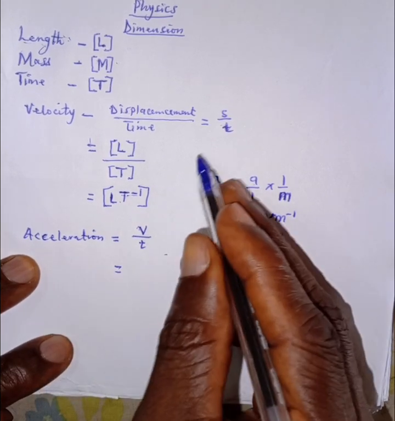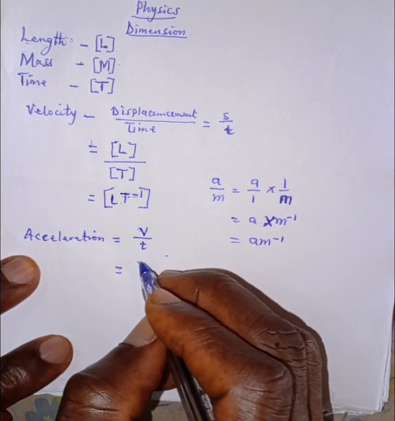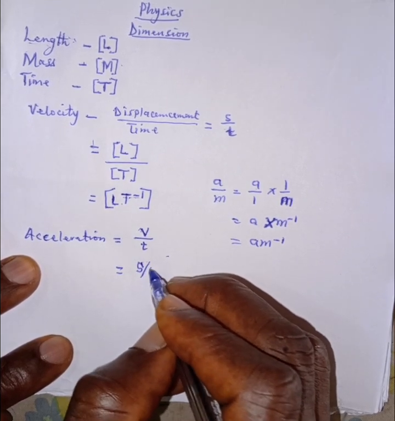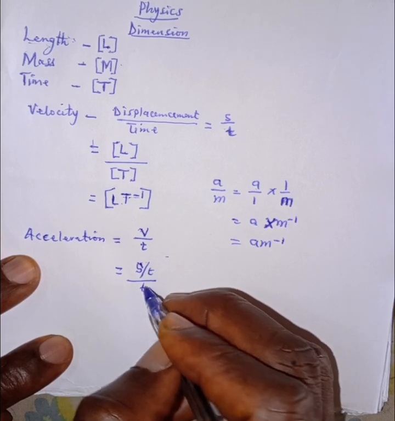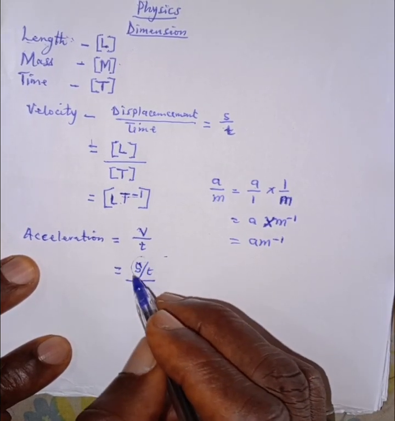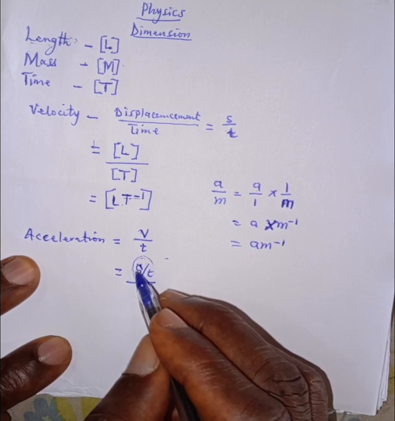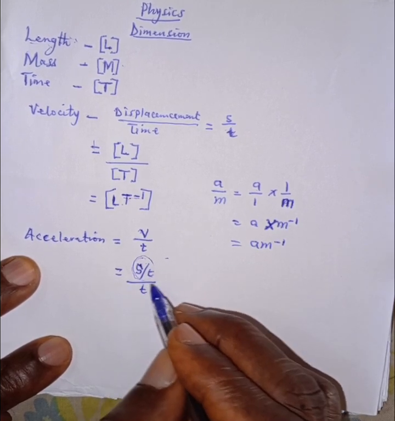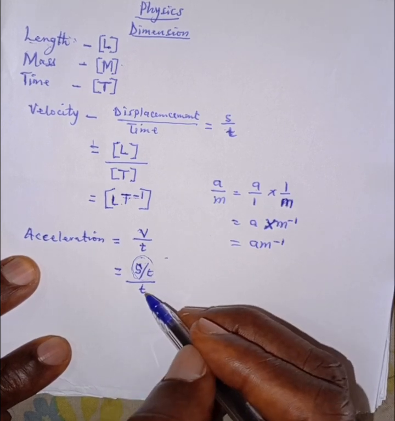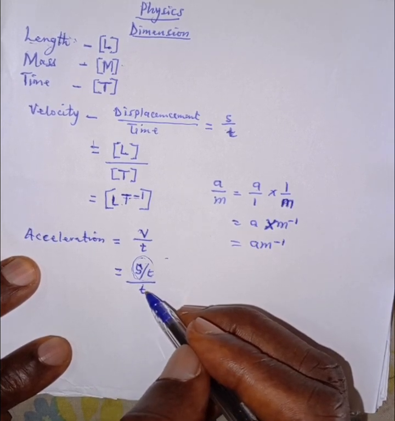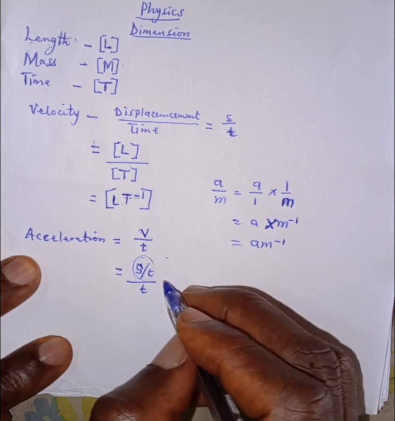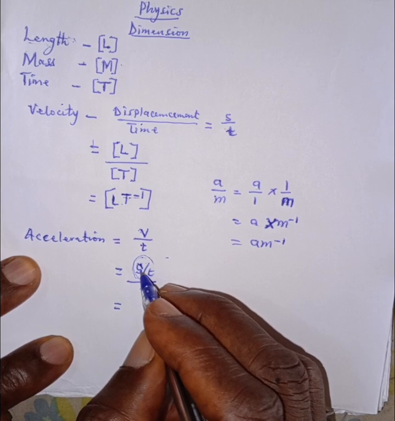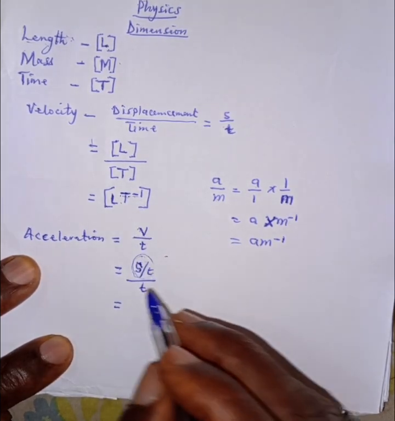You are aware that our velocity is s all over t, so acceleration is the whole of s divided by t, that is displacement all over time, divided by time again. So there is time there twice.